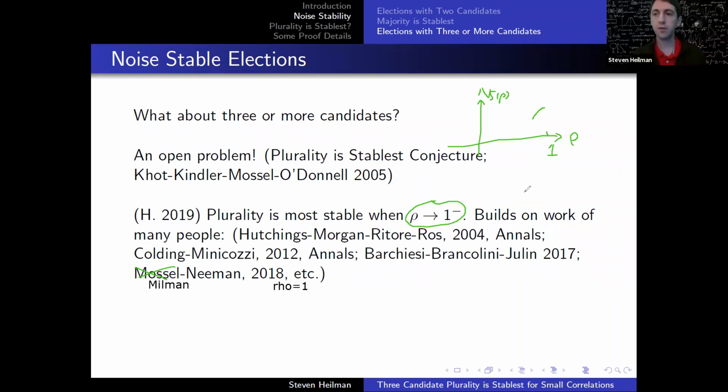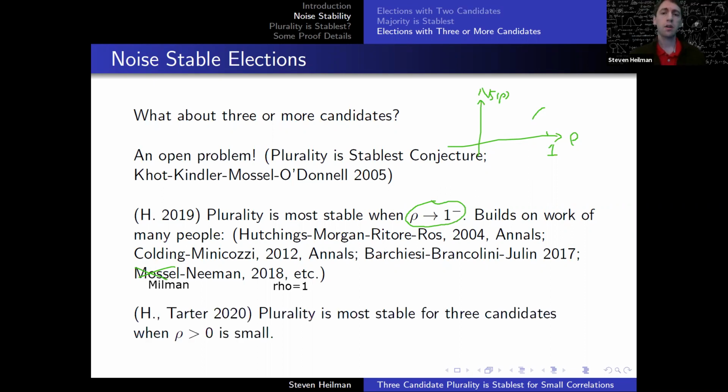Does that answer your question? Yes. Okay, once again, thanks for picking apart my lies. There are some additional details here about this correlation tending to 1. So we understand well what happens when this correlation parameter tends to 1.